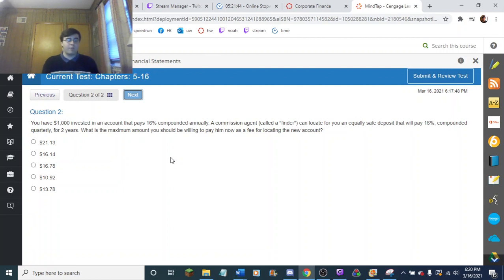That's the future value of the money you will have saved. But the future value of that is, so 22.97 is the future value, and the interest rate is 4, and the number is 8. Now calculate the present value, and you get 16.78.